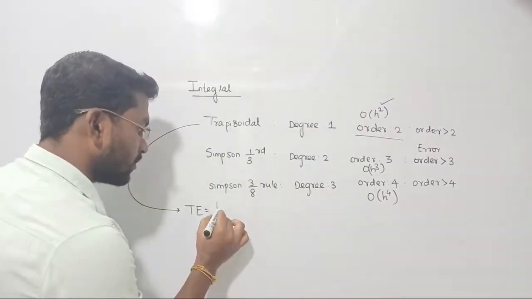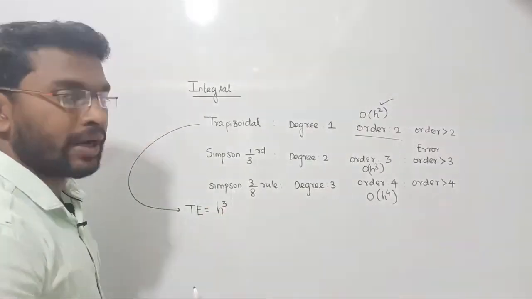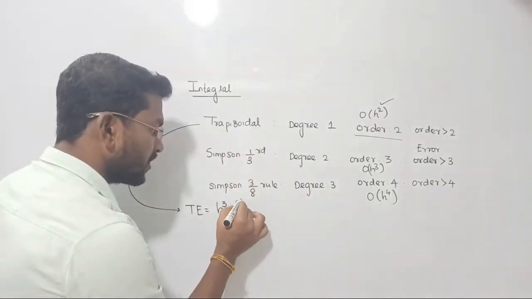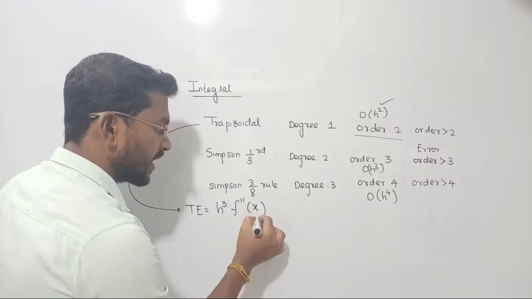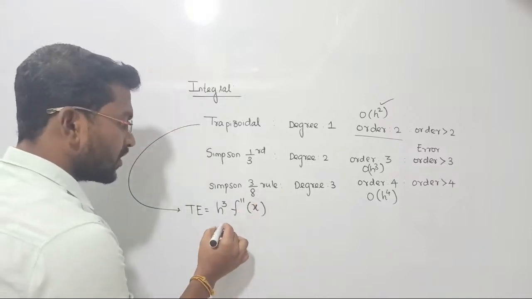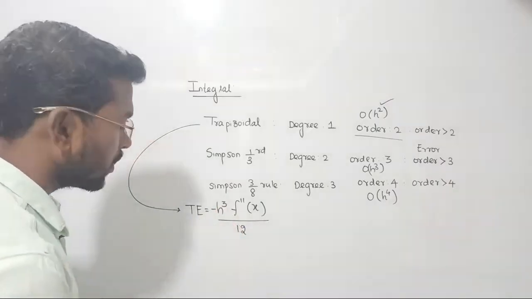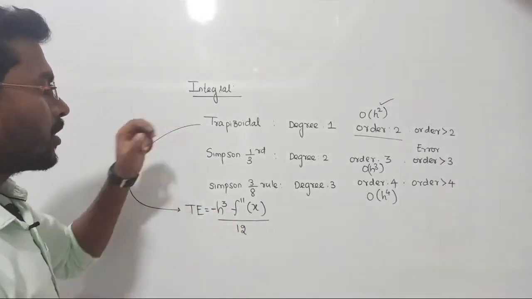When the order is raised to 3, that is the point where we are facing the error, such that the derivative will become the second derivative. And the rest of the things are the same, and in the denominator we are going to get 12. Of course we have minus also. This is the error formula for the trapezoidal rule.